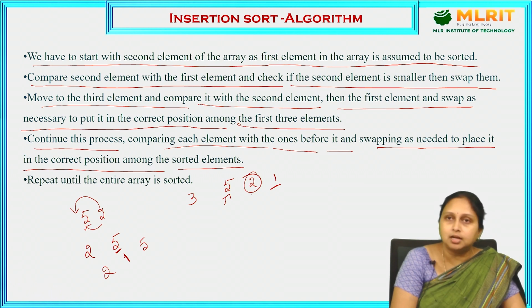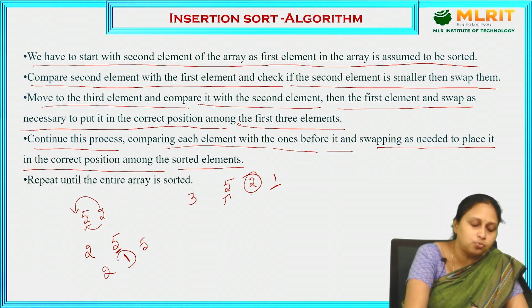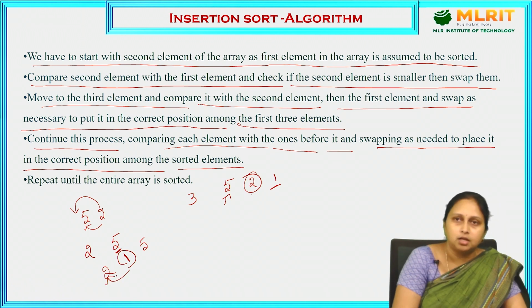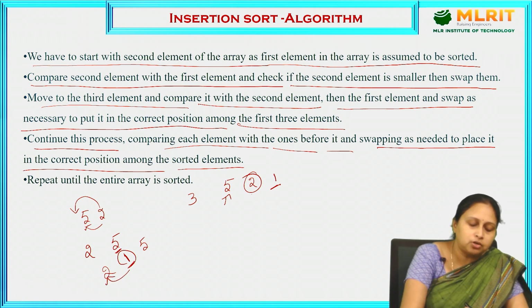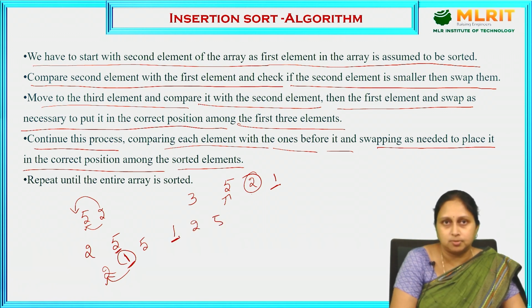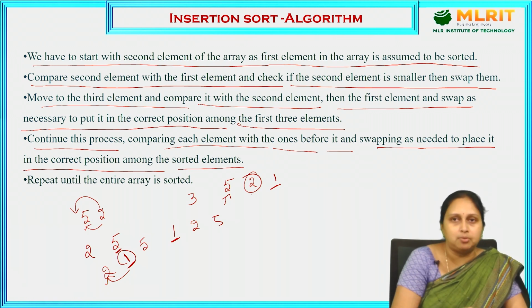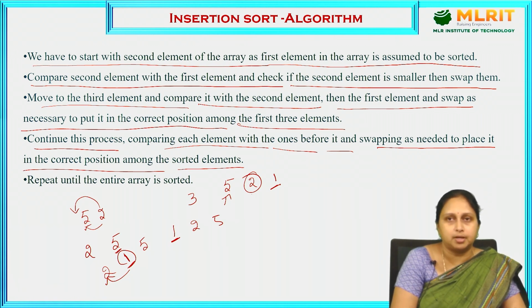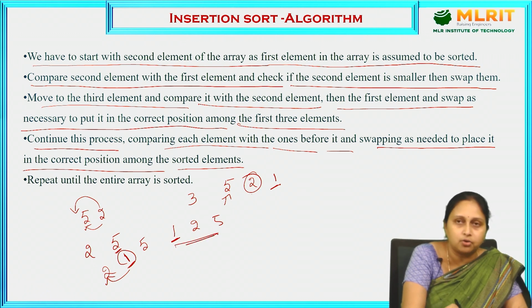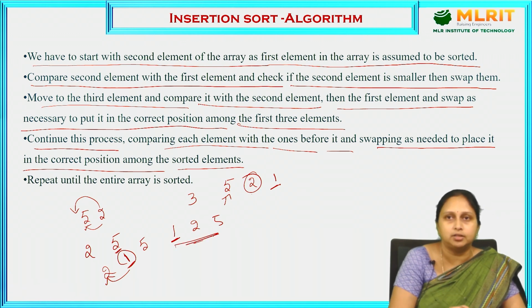But is it the right place for placing 1? No. Again, we need to compare this 1 with the 2. The right position for 1 is 1, 2 and 5. The first position it has to be placed. That's why we need to compare up to the first element. This is the procedure we are going to follow. According to this, we are going to write the logic.